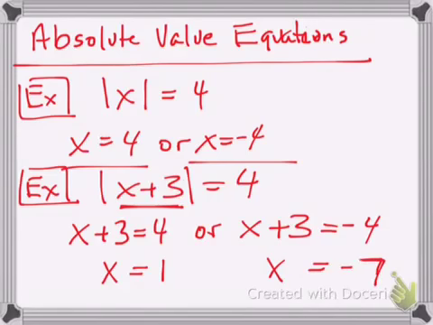Okay? Now, let's make this a little bit more difficult. Let's do this. Absolute value of 2x minus 1 equals 7. We're always going to split these things.